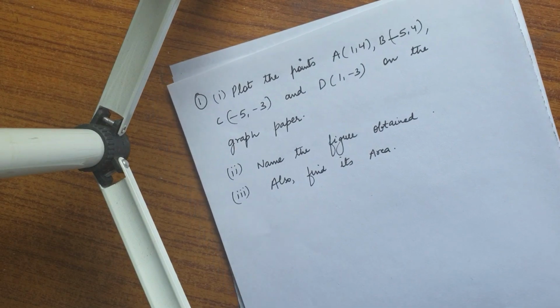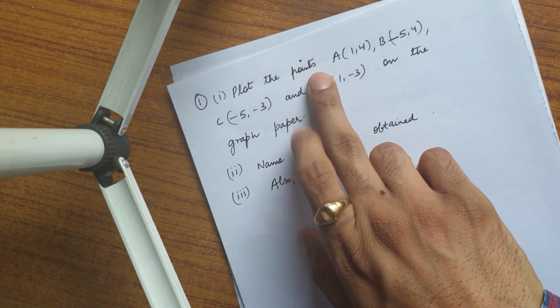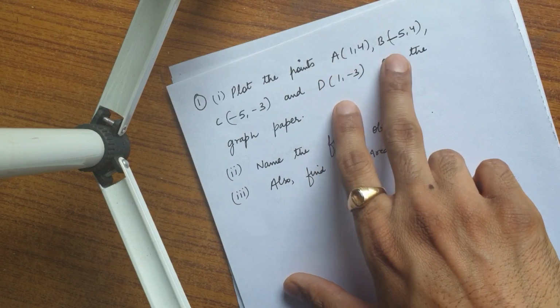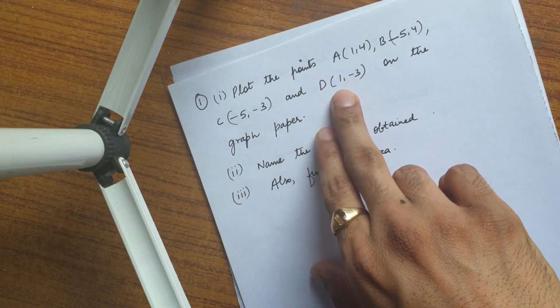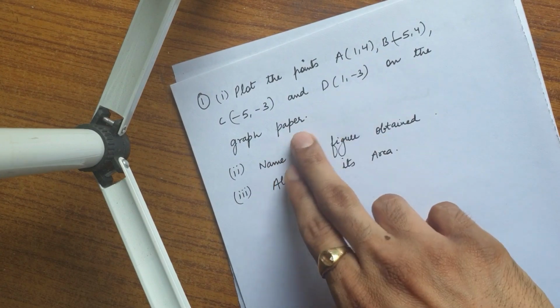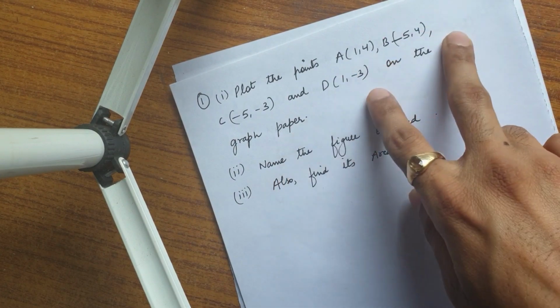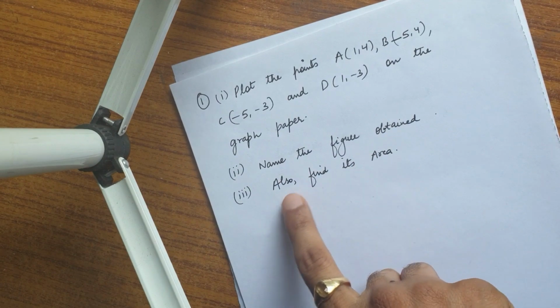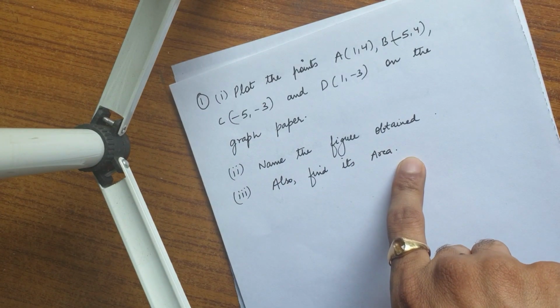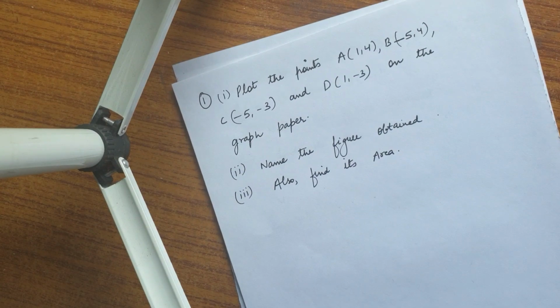The question is: plot the points A (1, 4), B (-5, 4), C (-5, -3) and D (1, -3) on the graph paper. After plotting these points, we have to name the figure obtained, and after that we also need to find the area.